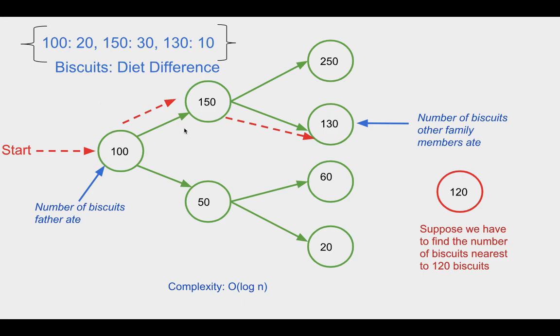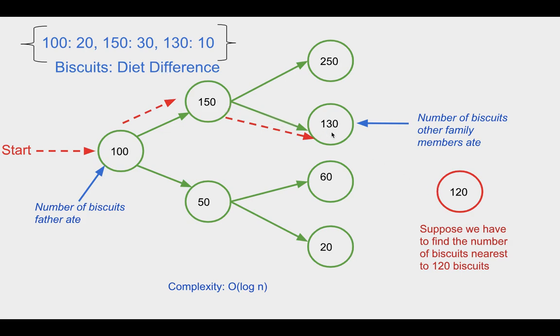Similarly, when we visited the next node, it has 150 biscuits. So we pushed the 150 in this list and stored 30 as the diet difference between these two. As we can see, the diet difference is 30 between 150 and 120.